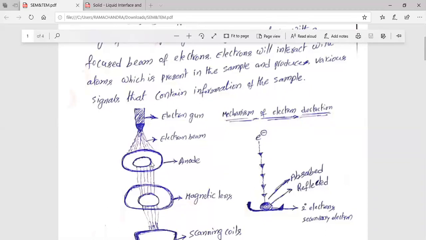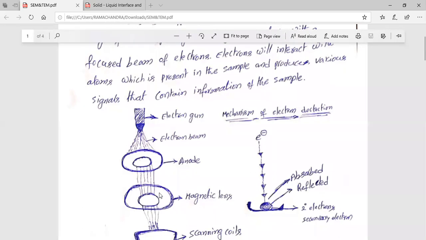At the center of the magnetic coil there is a hole. Only through the hole are the electrons allowed to pass through the magnetic lens, whereas the electrons falling in different directions are blocked, as already discussed.